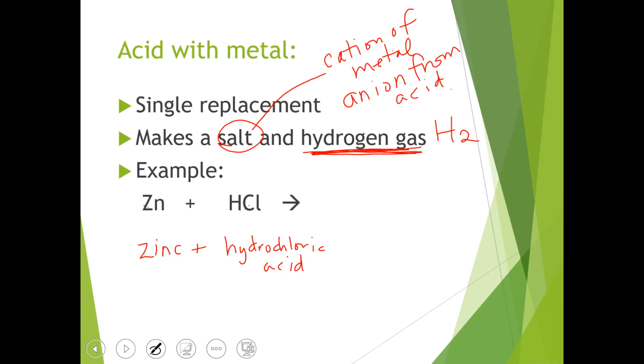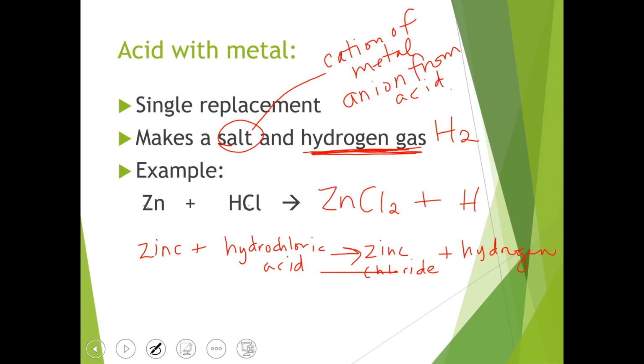After the single replacement takes place and the zinc replaces the hydrogen, we're going to have zinc chloride, because the zinc will join up with the Cl-1, and we have to write an appropriate formula for that. And then the other product is always hydrogen gas, which we know is always H2 because it's diatomic.